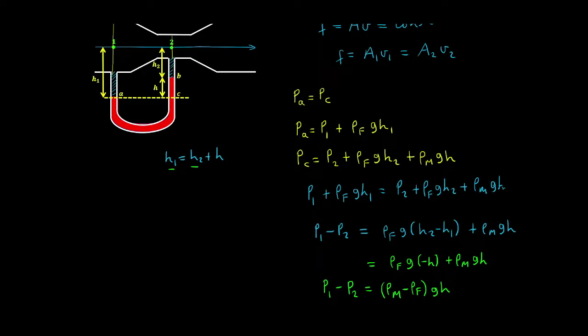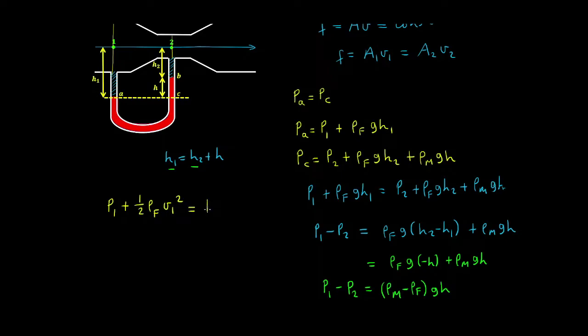Now using Bernoulli's equation, we can also get another equation. So what we have is P1 plus the kinetic energy at 1, so 1/2 times the density of the fluid times the speed at 1 squared, and because both points are at the same elevation, we're just going to ignore the potential energy terms.